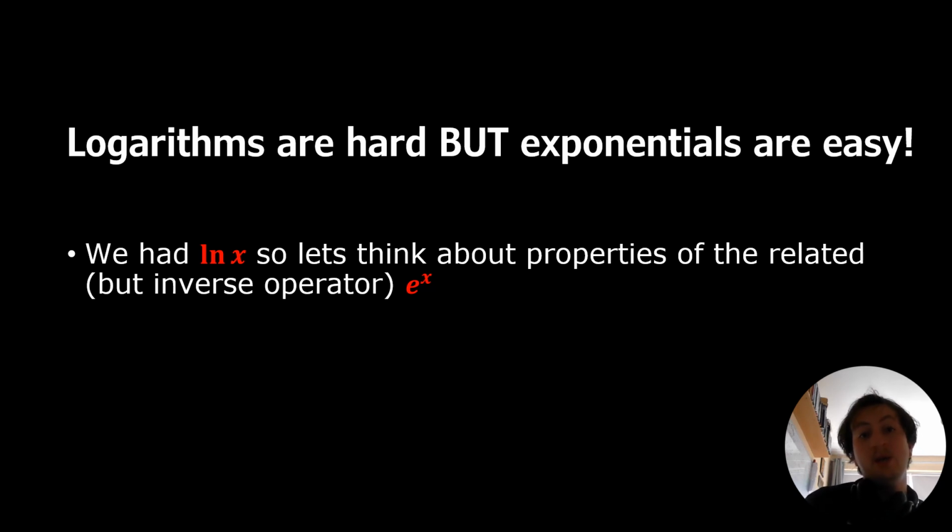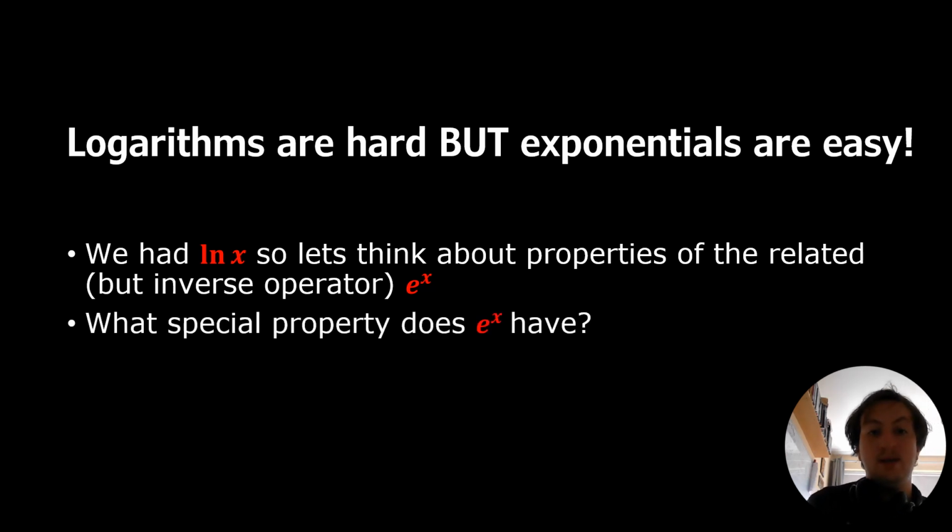So in summary, we have logarithm to base e of x as a solution, so let's think about the properties of a related but simpler function, which is e to the x. So what special property does e to the x have?